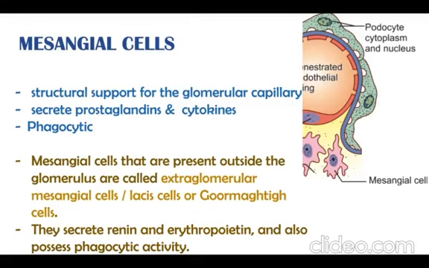Messenger cells that are present outside of the glomerulus, called as extraglomerular messenger cells or Lacis cell or Goormaghtigh cell. They secrete renin and erythropoietin and also possess phagocytic activity.